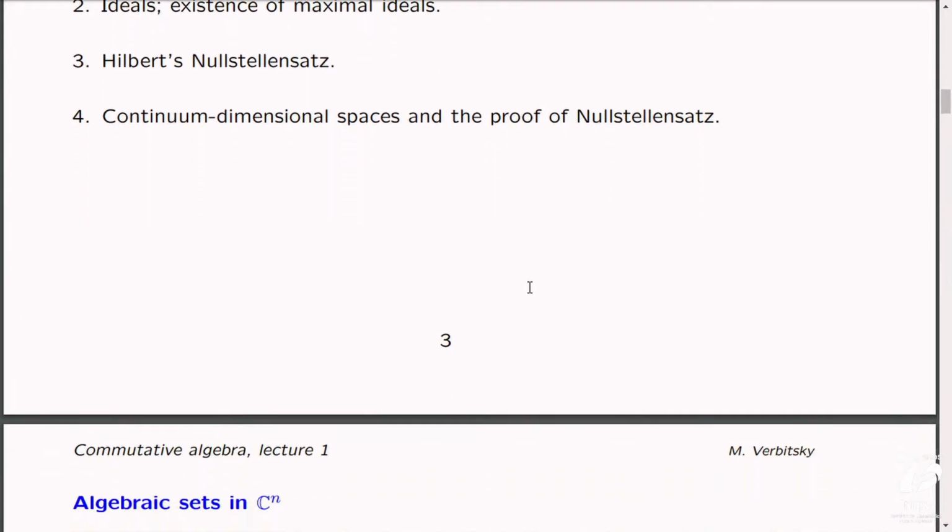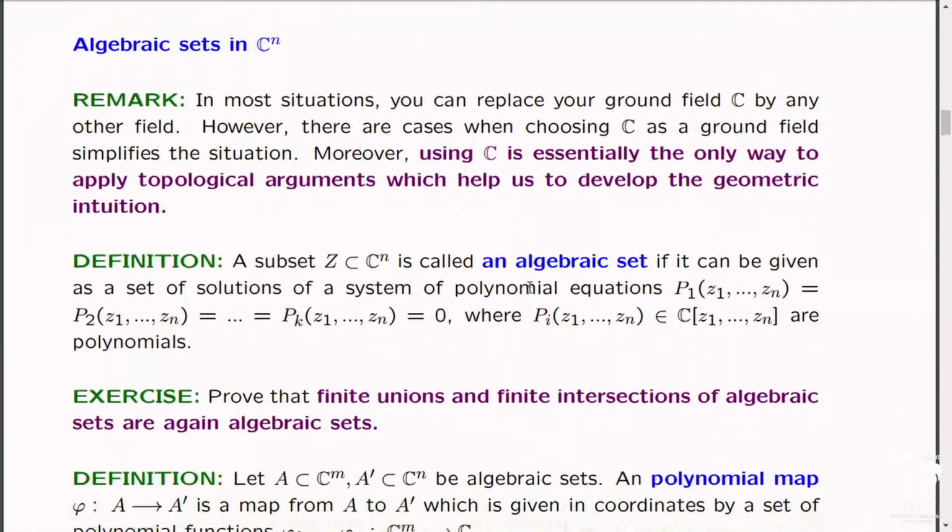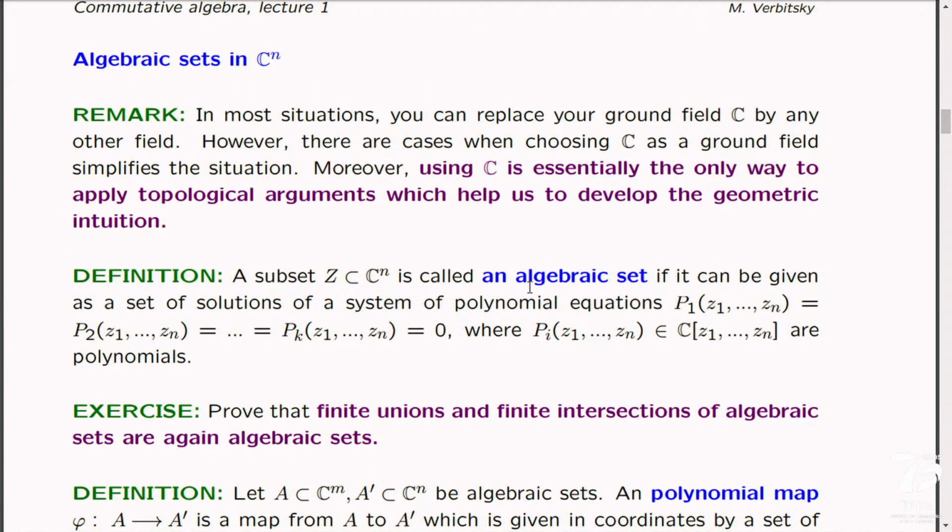I will use a shortcut towards the Nullstellensatz, which uses the ground field C only. When you do commutative algebra, typically you don't assume that the ground field is C, and quite often you work with rings over Z, or finite fields, p-adic integers, arithmetic integers, and so on.